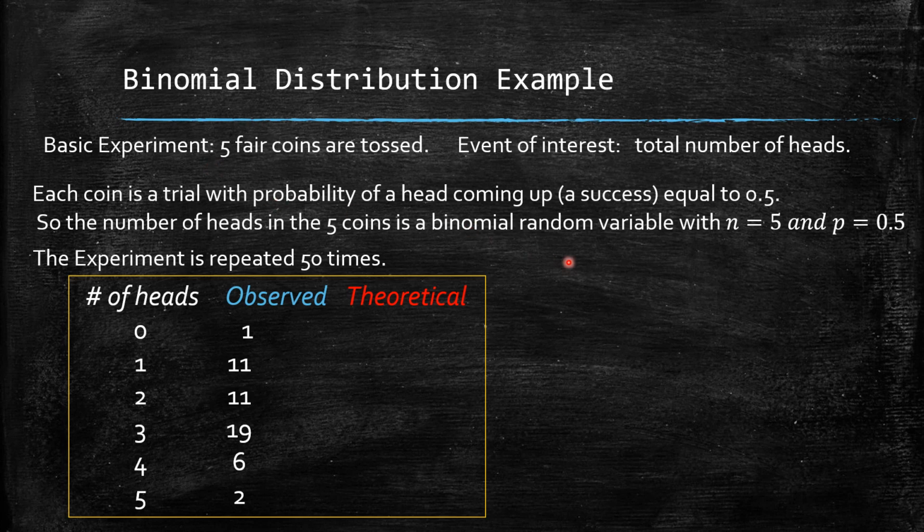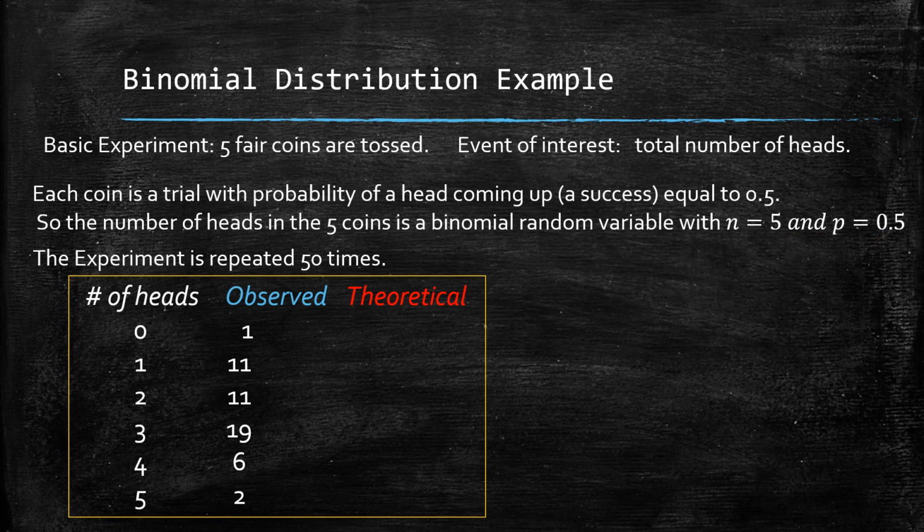Instead of that, since it follows a binomial random variable, because n is finite, n is 5, and the probability of success is constant for each trial, that is 0.5, I can have the probability of x successes, that is here heads turning up, P of x is 5Cx p power x, that is half power x, into q power 5 minus x, that is half power 5 minus x.